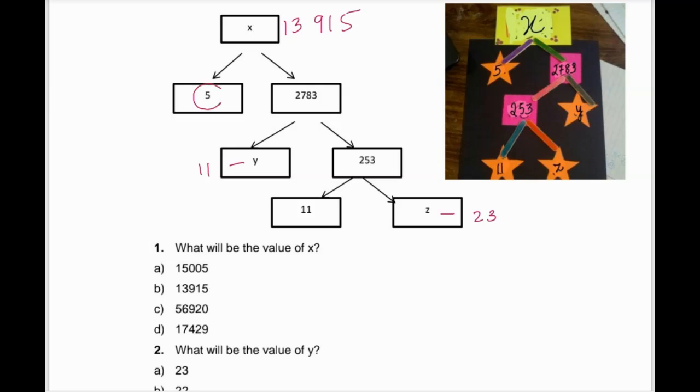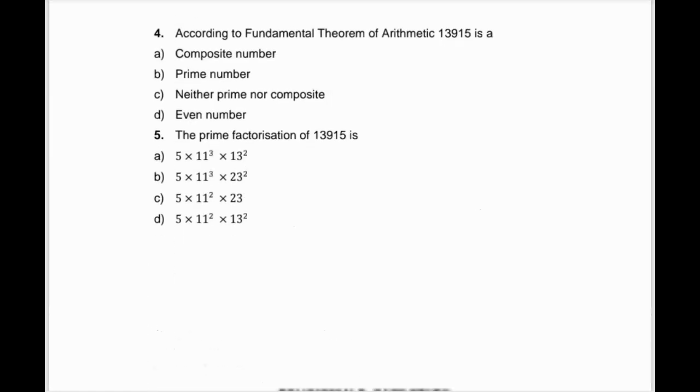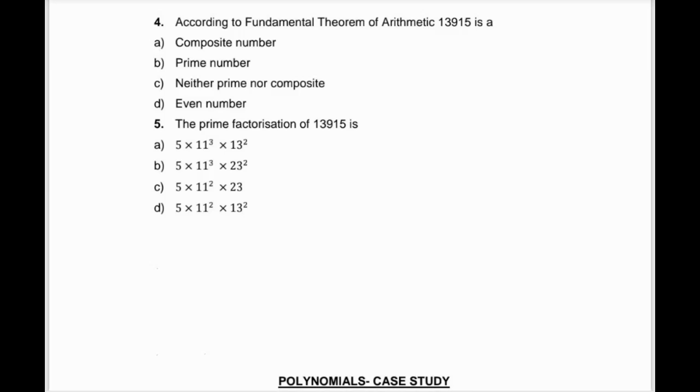So what will be the factors? The factors will be 5, 11, 11 and 23. So we can write that as 5, 11 square and 23. That is your answer C. So the prime factorization of 13915 is 5 into 11 square into 23.